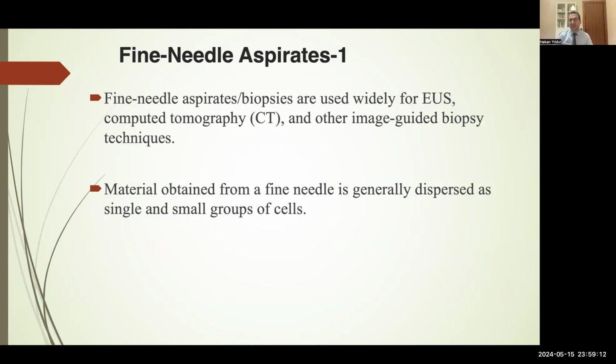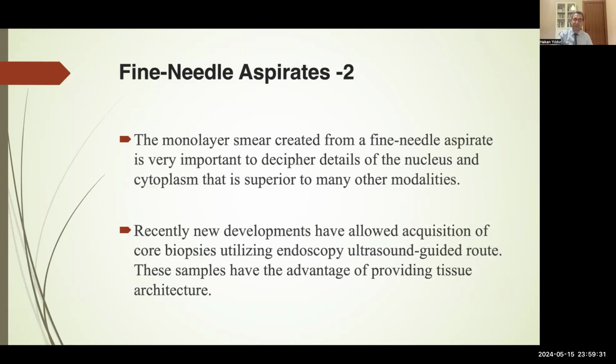Fine needle aspirates or biopsies are used widely for EUS, computed tomography, and other image guided biopsy techniques. Material obtained from a fine needle is generally dispersed as single cells and small groups of cells.